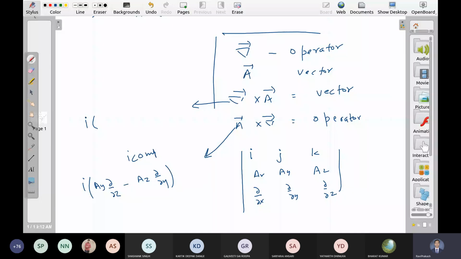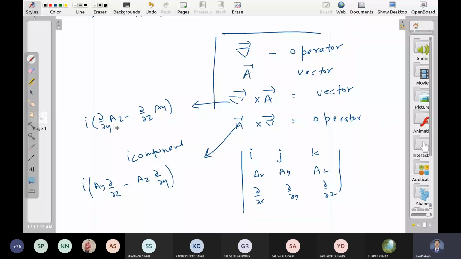And what is the i component here? Now this quantity will be on the second column, this will be on the third column. So del by del y Az minus del by del z Ay. You can see this is some number, but this is not a number. This is again an operator.